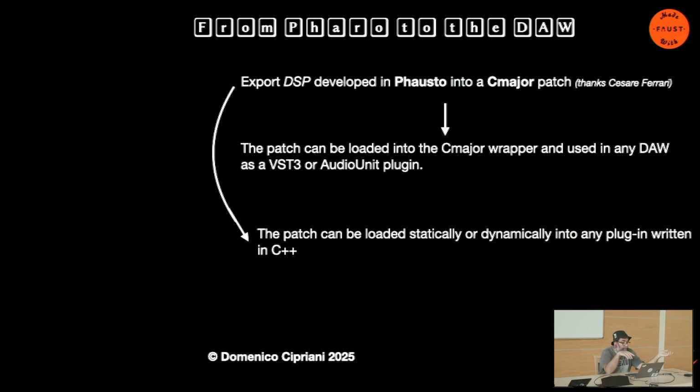In Faust you can. So you can just write your DSP code in Faust, export it to a Cmajor patch, then this Cmajor patch, using their wrapper, you can load it in your digital audio workstation. So this is a step toward developing audio plugins without having to write C++.